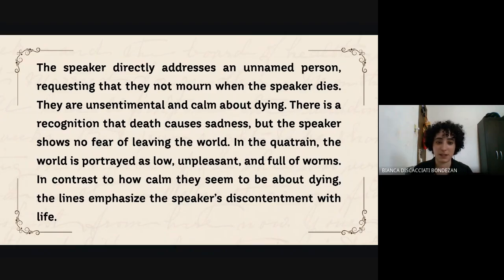And the speaker, the person who's writing the poem, is very calm about dying. Even though there is a recognition that death causes sadness, the speaker doesn't show fear of leaving the world, because the world is portrayed as an unpleasant place full of worms, which would likely be the people from the world.